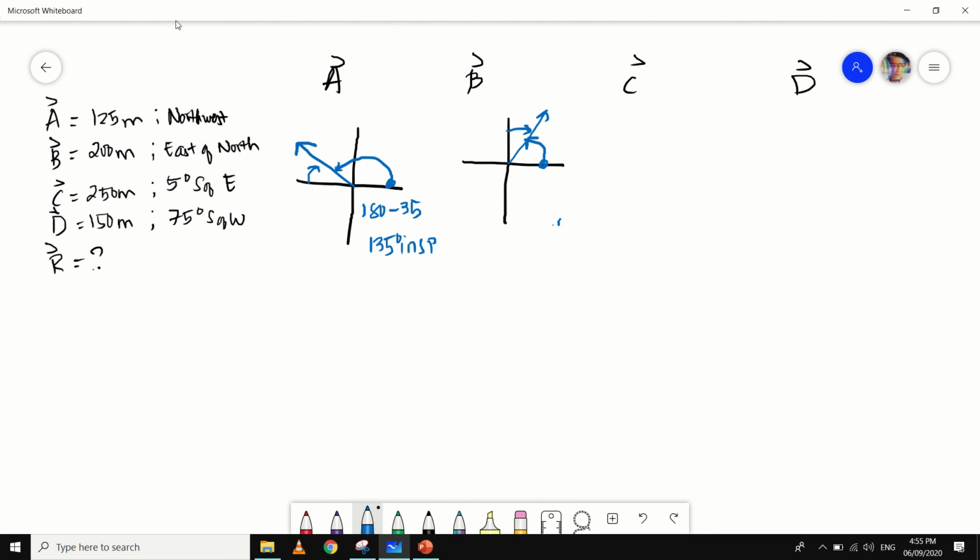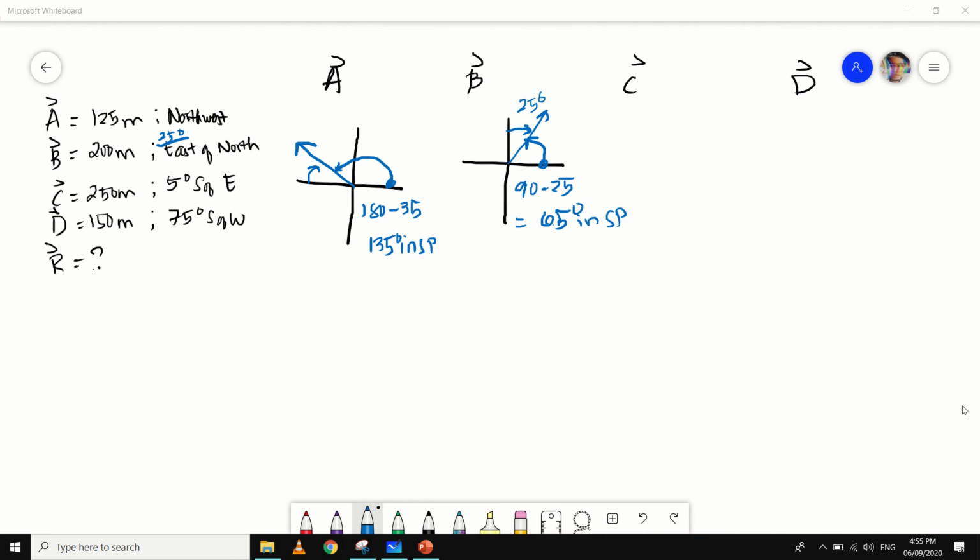This is 25 degrees. Just to remember, this is 25 degrees east of north. So, going back, this is 25 degrees. So, 90 minus 25 will give you 65 degrees in standard position. Okay?